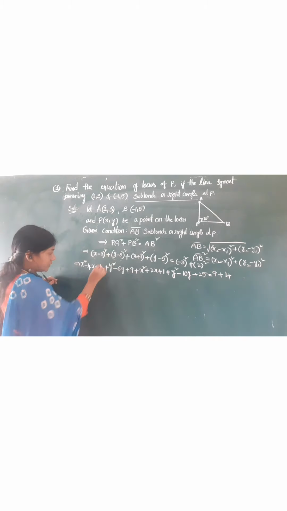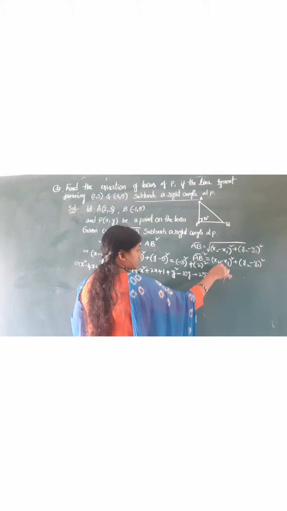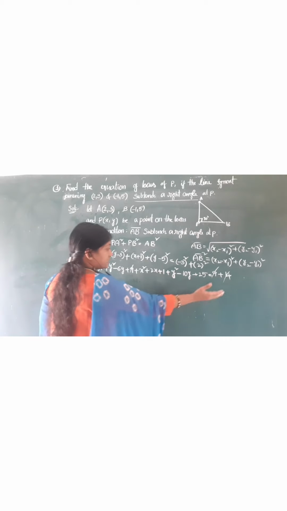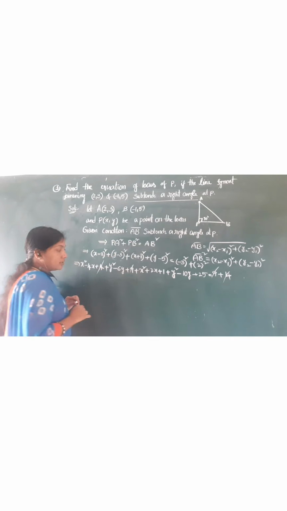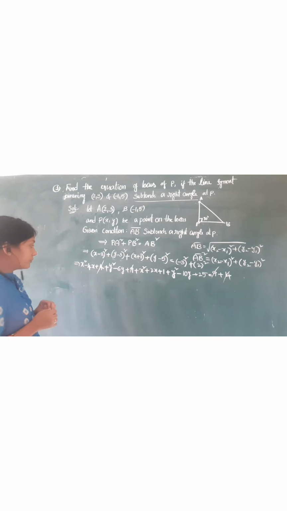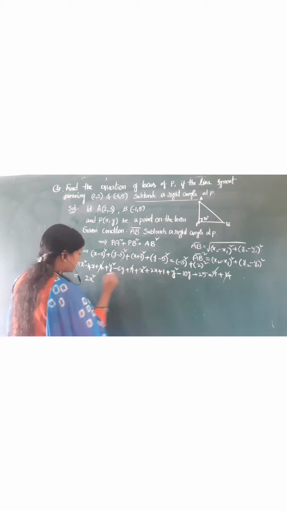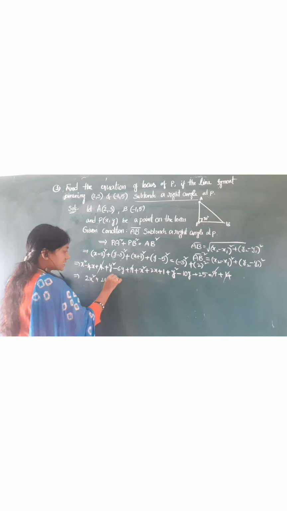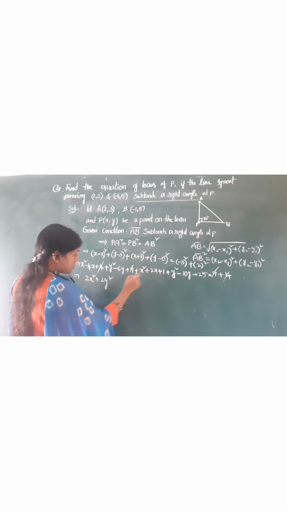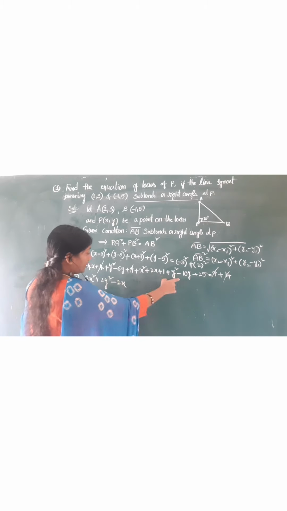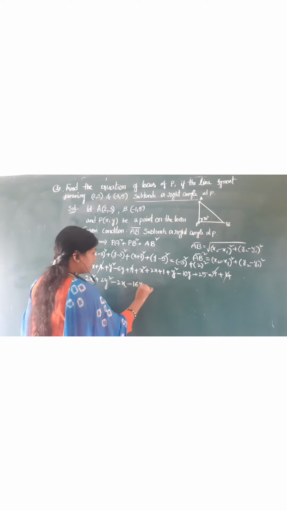If you observe here, the plus 4 we cannot cancel directly, but if I send that value to this side, 9 minus 9 will be 0. Now let us write together: x square plus x square, 2x square; y square plus y square, 2y square; x terms, minus 4x plus 2x, that is minus 2x; y terms, minus 6y minus 10y, minus 16y.